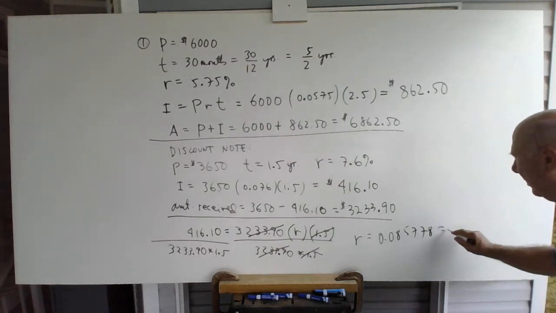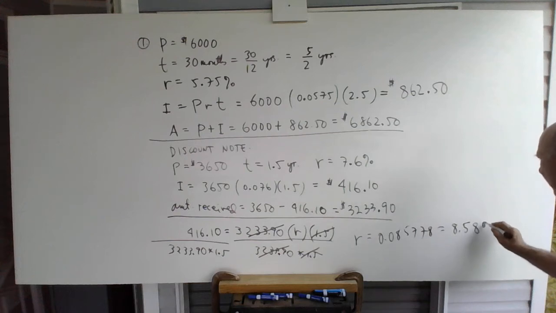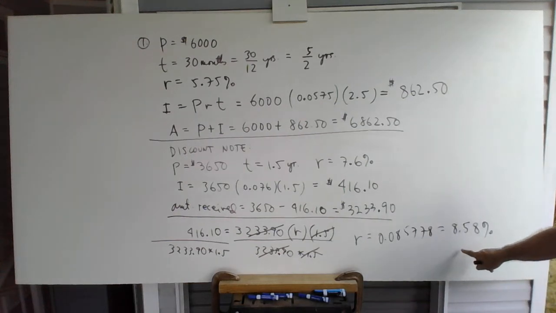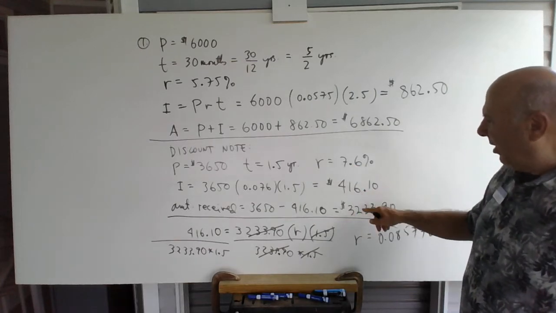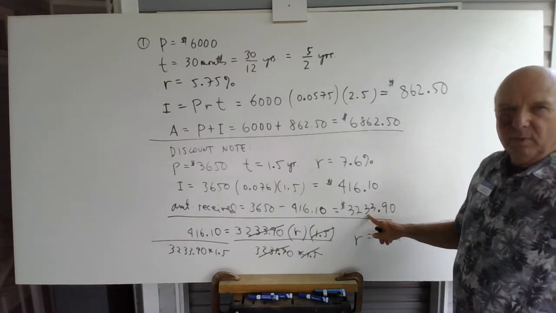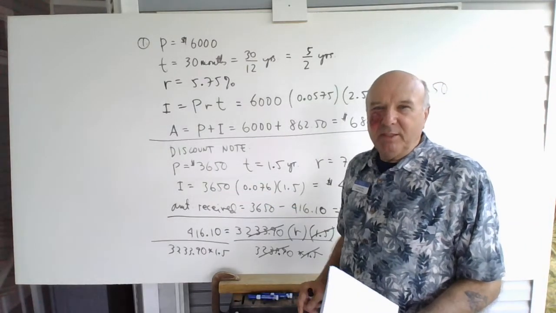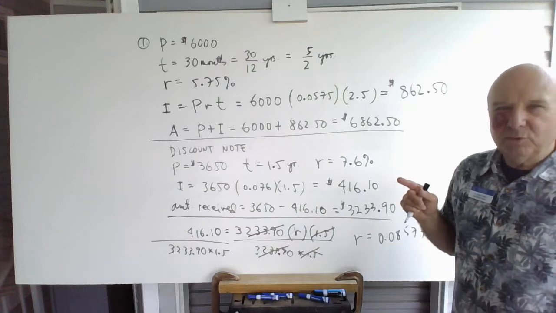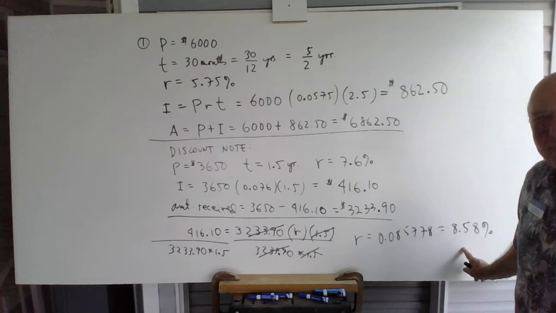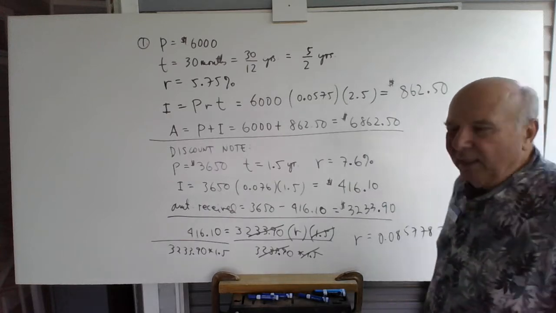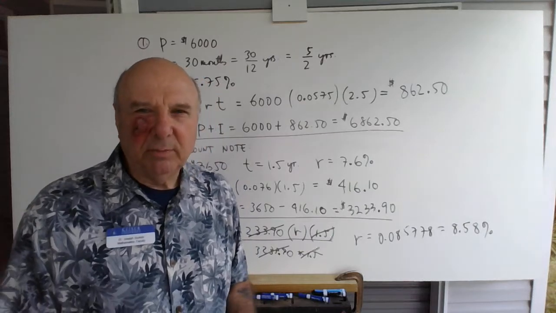And as a percent, that's 8.5, we'll call that 8.58%, which is a lot higher than the advertised rate. Because the interest actually came off of this, not this. I mean, we calculated off of this, but as a discount note, the truth in lending, if you will, is this is the actual percent, 8.58%. That's one of the reasons that discount notes aren't very popular and they aren't allowed in the main.